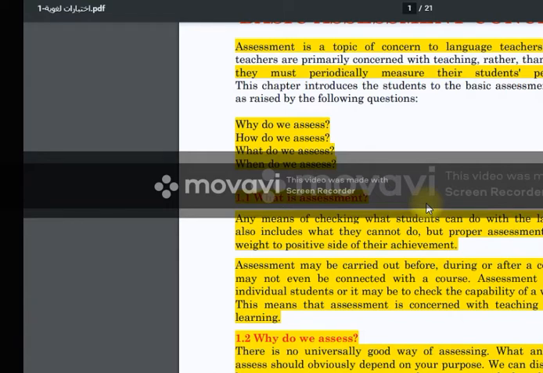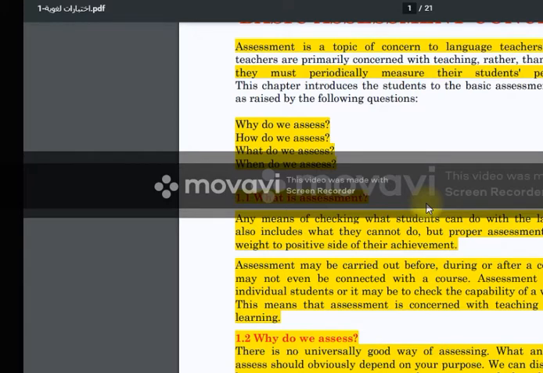Now let us begin with the first question, which is, sorry, what is assessment? Assessment is any means of checking what students can do with the language. It also includes what they cannot do. But proper assessment gives due weight to positive sides of their achievement.